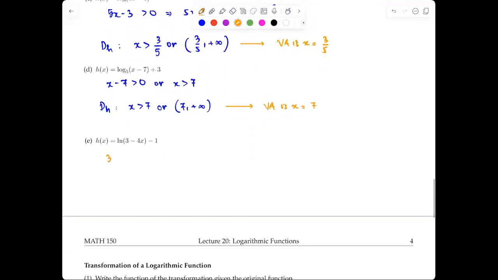So 3 minus 4x greater than 0. Or you do 3 greater than 4x. And to solve for x, you divide both sides by 4. You get 3 over 4 greater than x, or x is less than 3/4. So the domain of h is x less than 3 over 4, or you can write from negative infinity to 3 over 4.